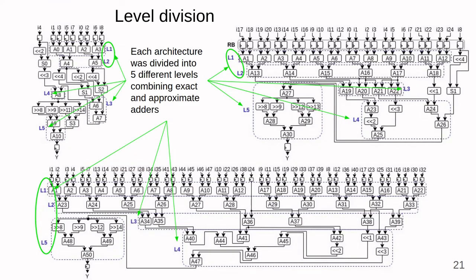So, to evaluate the approximate technique, the 3 architectures were divided into 5 different levels, as highlighted in the images. In each level, it's possible to use or not the approximate adders, totalizing 32 different combinations for each kernel.